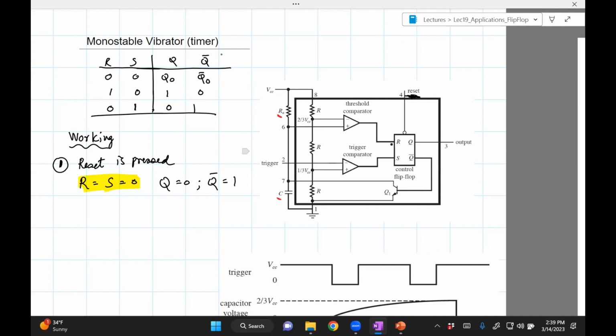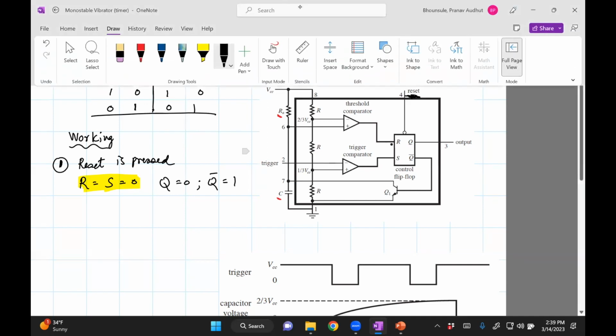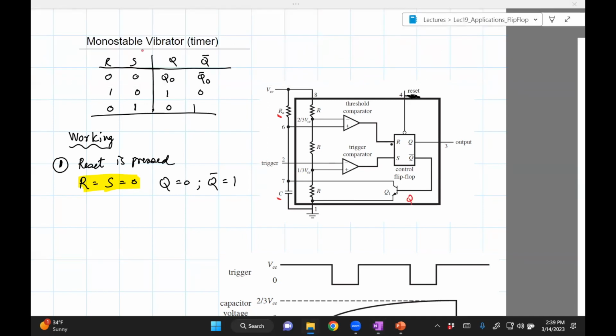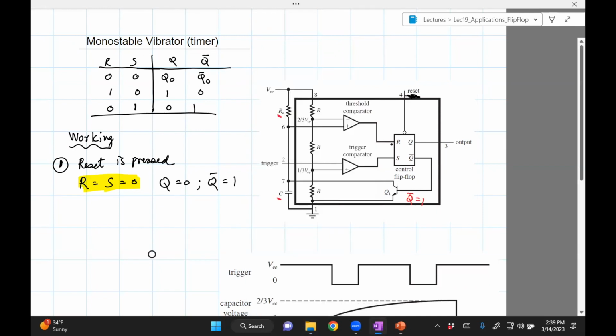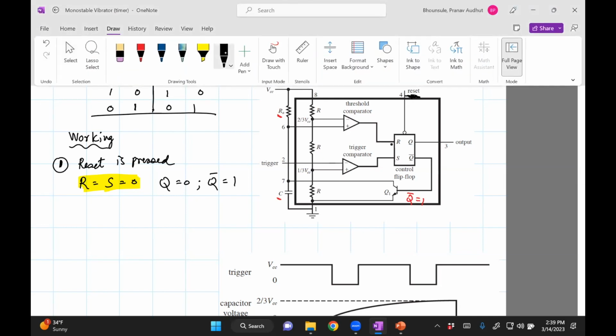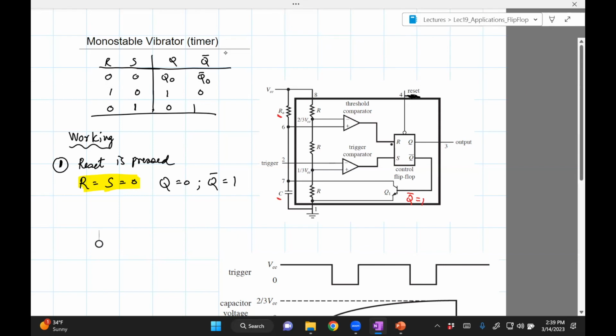Now, setting Q bar to 1, what that does is basically turns on the junction transistor, and it leads to the capacitor draining of any voltage which exists on it. So from a previous operation, maybe the capacitor had some charge, and that will be drained by setting it.